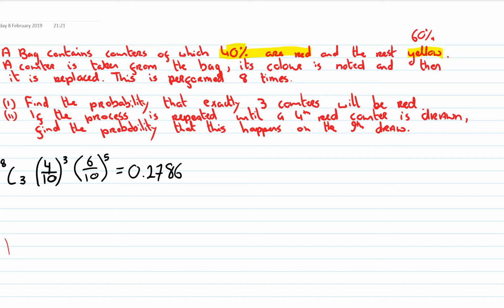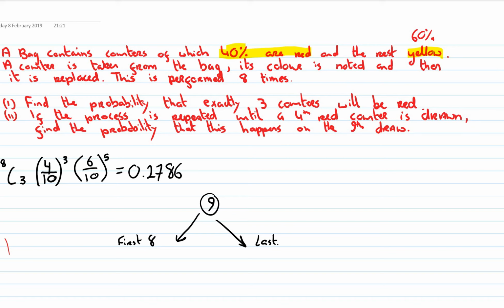0.2786. The next question: if the process is repeated until a 4th red counter is drawn, find the probability that this happens on the 9th draw. We divide that into two aspects: the first 8 draws and the last, which is the 9th.